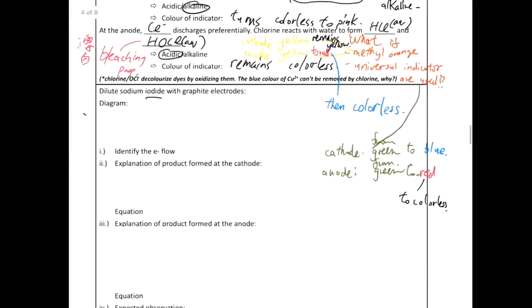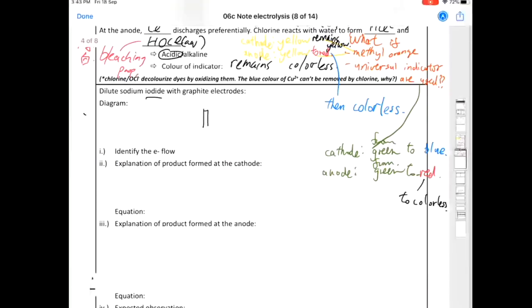So let's draw the diagram. Graphite electrode. And this time I don't want to collect the gas, so just use the simplest setup.